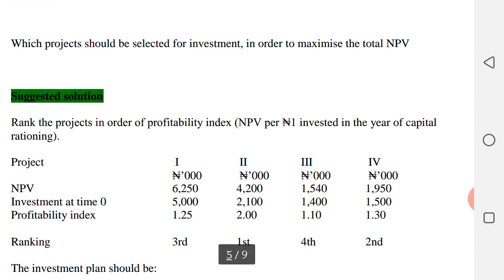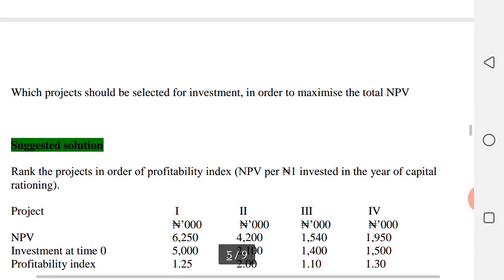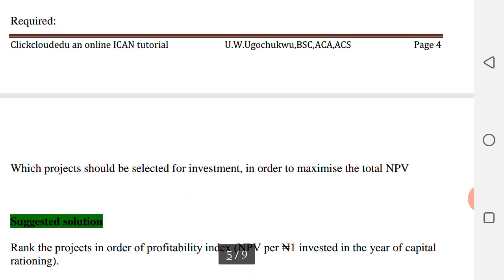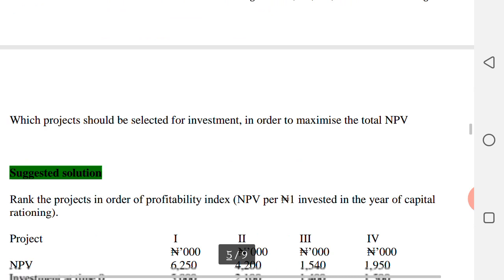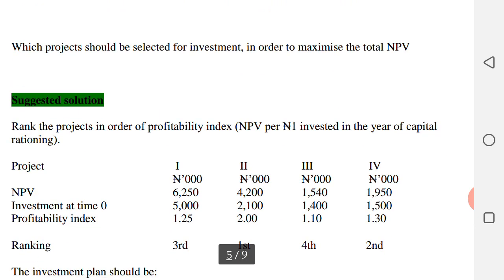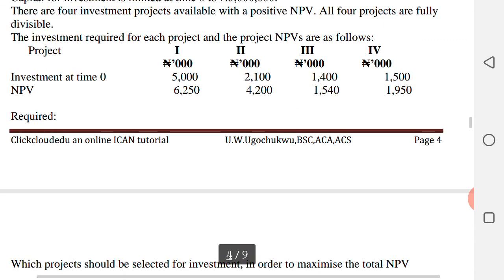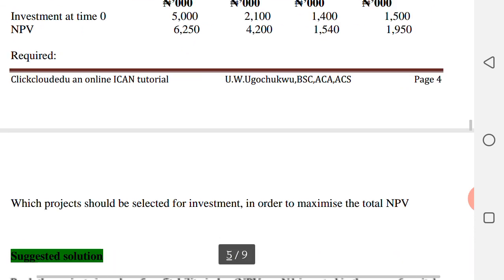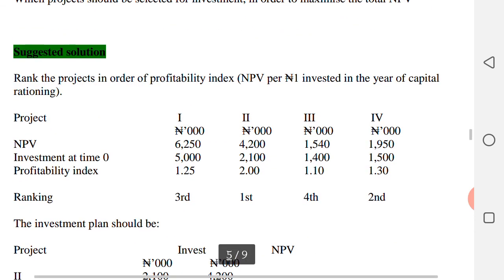You look for the profitability index. The formula is NPV over initial outlay. So for project 1, our NPV is 6,250,000, divided by 5 million, so we have 1.25.